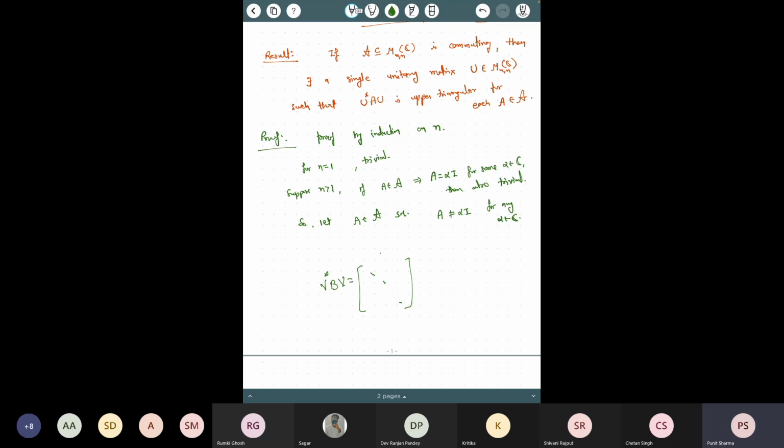Using those smaller size unitary matrices, I will construct the desired unitary matrix that simultaneously upper triangularizes all the matrices in the family. This is the idea. Now how can we do that? A is an n cross n matrix in this family such that it is not a scalar multiple of identity. It's a complex matrix, and we know that every complex matrix has an eigenvalue.